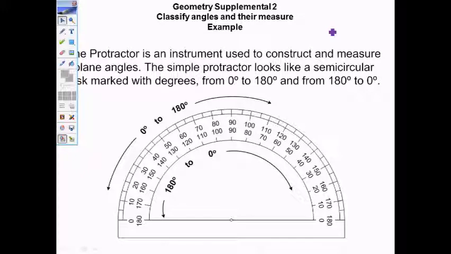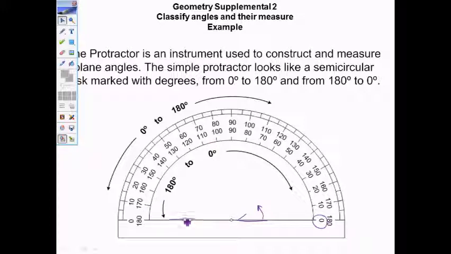Now, when we're using a protractor, you read the protractor 2 directions, okay? And it depends on the direction where your angle is opening up from. If your angle is opening up this way, like you start here and you open up like that, you read starting at this 0 and you read around on the inside.